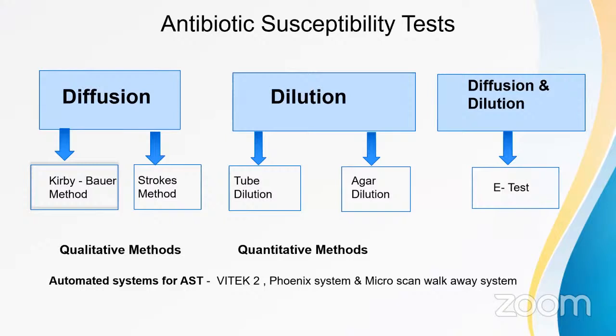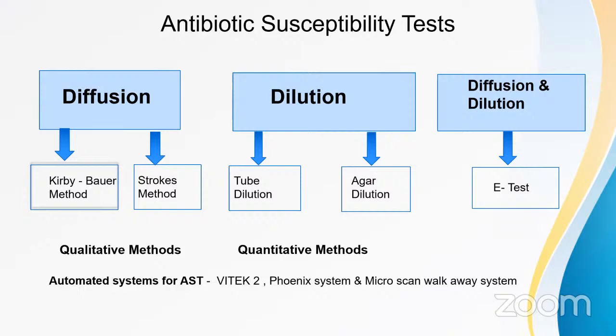The techniques used for antibiotic susceptibility testing are diffusion, dilution, or diffusion and dilution techniques. The diffusion technique is a qualitative method using the Kirby-Bauer method or Stokes method. The dilution methods are quantitative, using tube dilution or agar dilution.